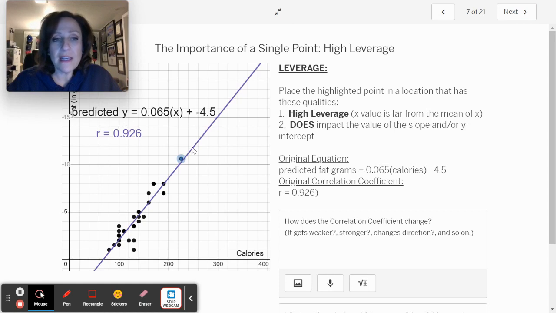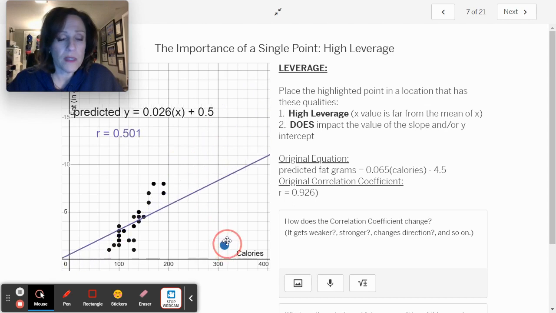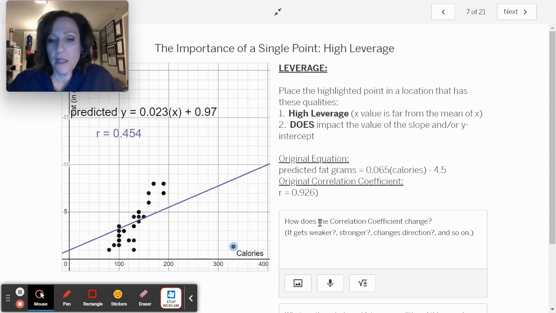So go ahead and now move this point to have high leverage and make it be such a point that does change the slope and the y-intercept. So investigate that. And discuss, type in there, how does that correlation coefficient change? Okay, it changed a whole lot.